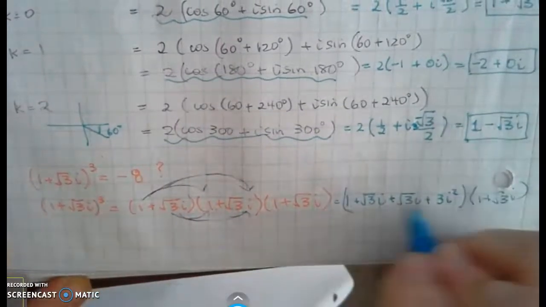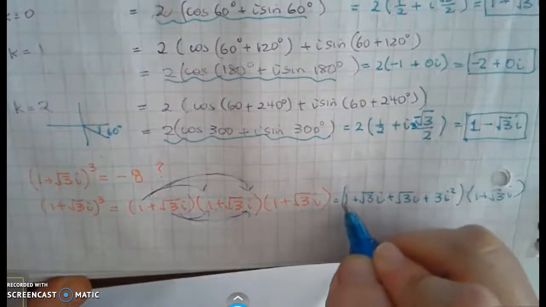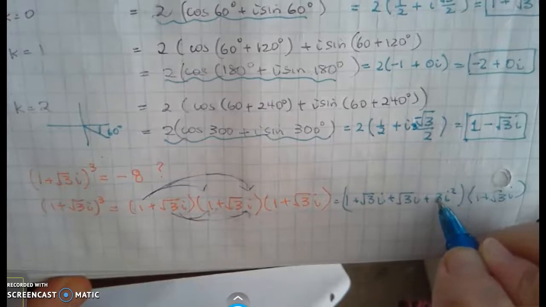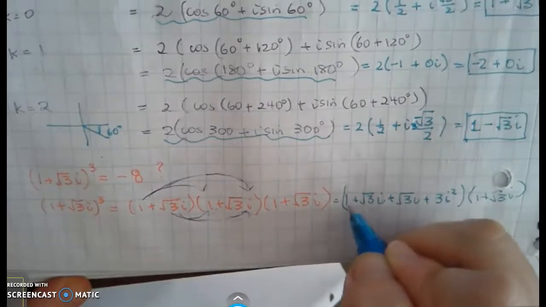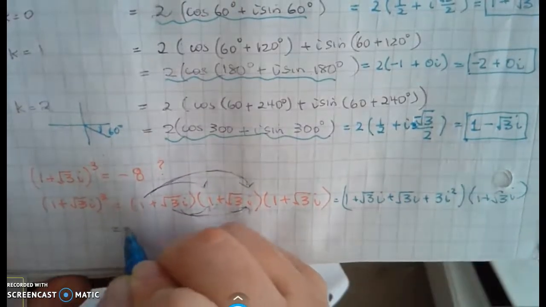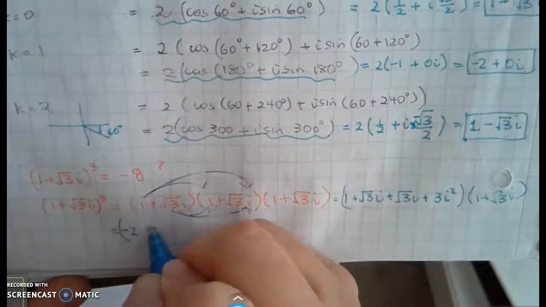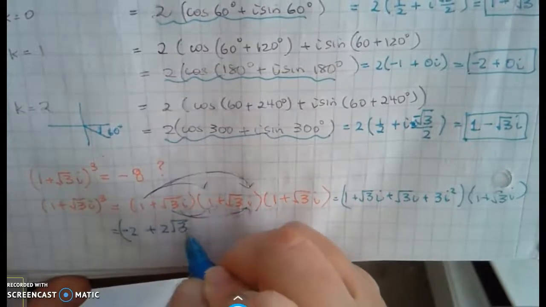Okay, and let's just keep simplifying this. So this becomes 1 and 3i squared. i squared is negative 1. Negative 1 times 3 is going to be negative 3, plus 1 is going to be negative 2. And root 3i plus root 3i is 2 lots of root 3i.